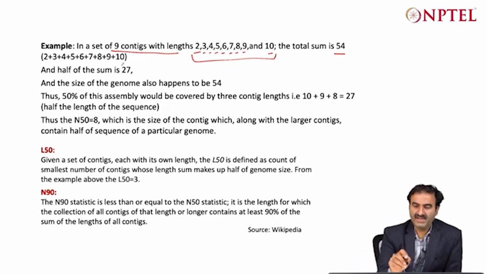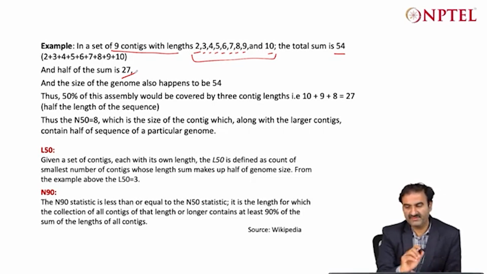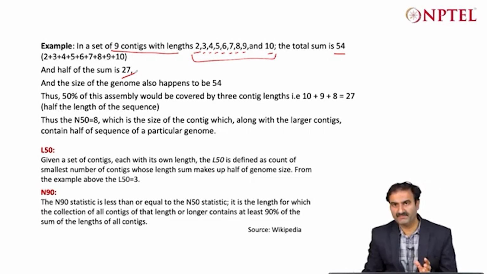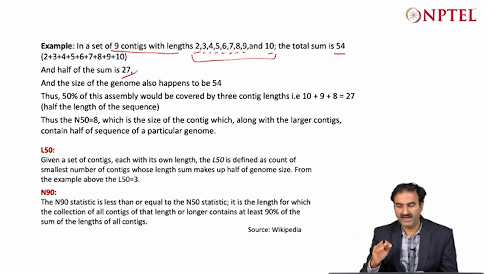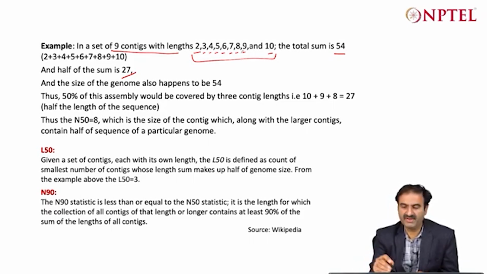So what is half of this number 54, which is the genome size? That is 27. That means half of the sum of all the contigs, 54 by 2, is 27. Now we will see, if I look at half of that value, 27, how many contigs represent that. If I sum 10 plus 9 plus 8, that equals 27.